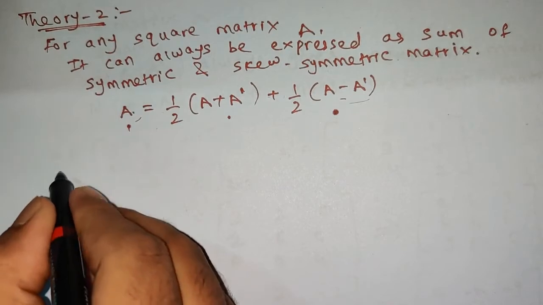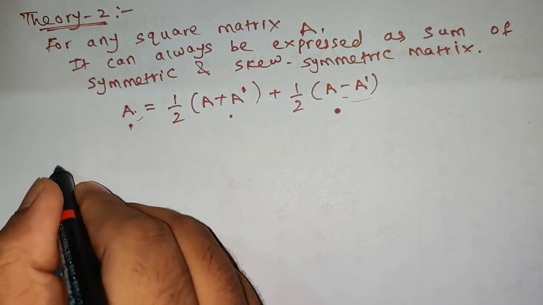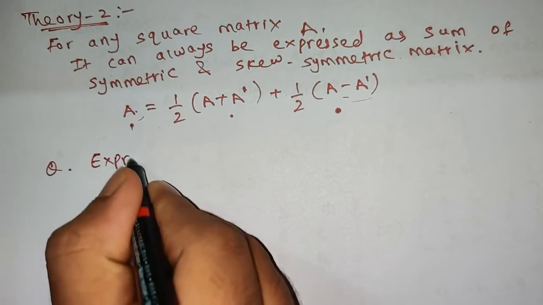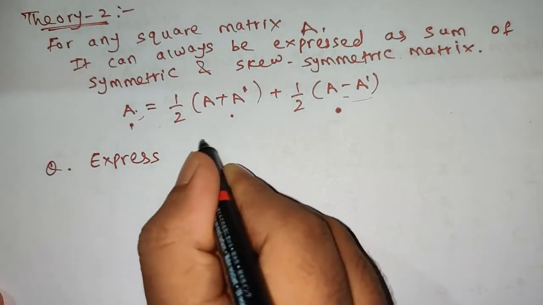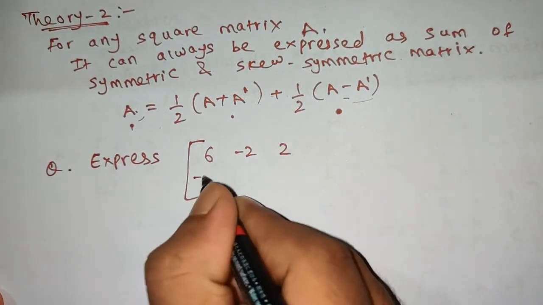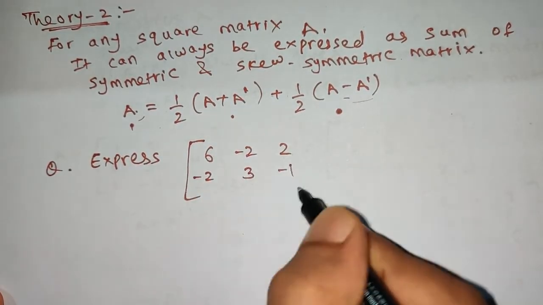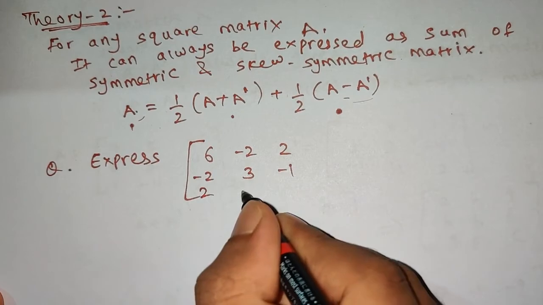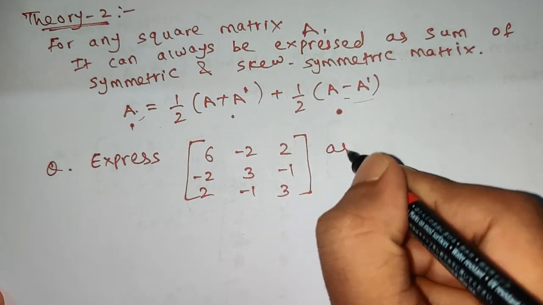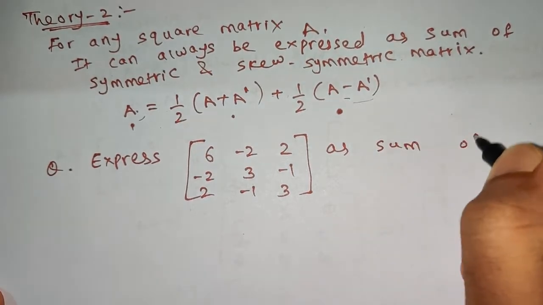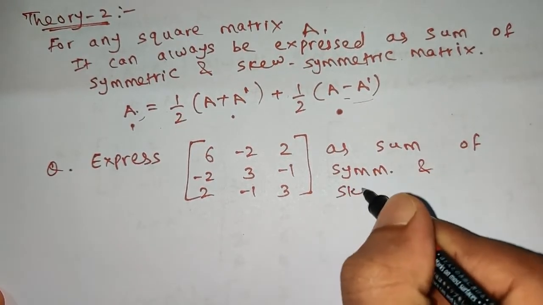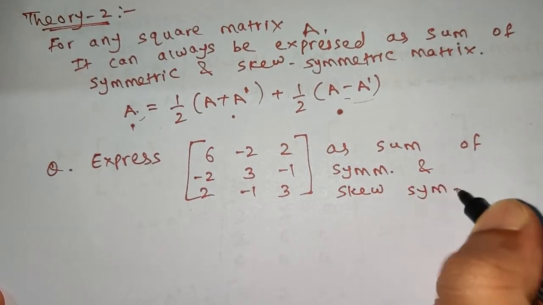What kind of questions can come? Let me take one question. Express the matrix given here, 6 minus 2 2, minus 2 3 minus 1, 2 minus 1 3, as a sum of symmetric and skew symmetric matrix.